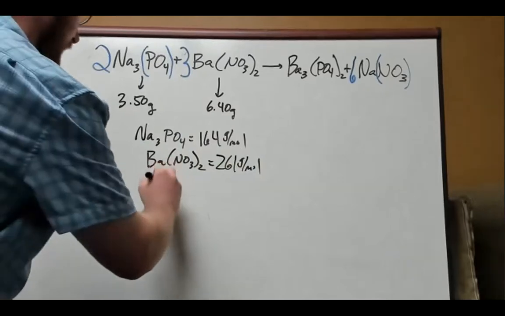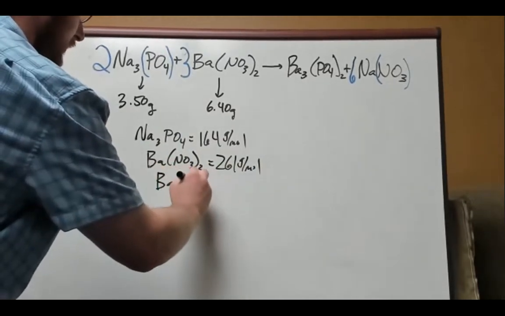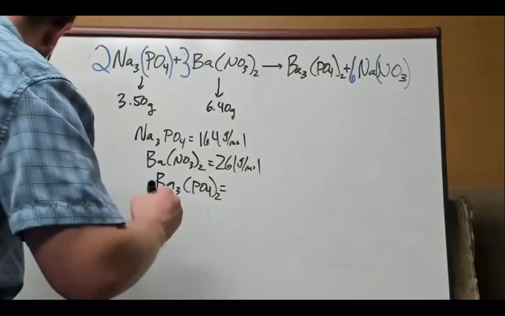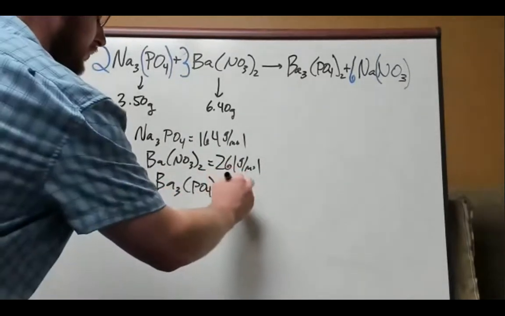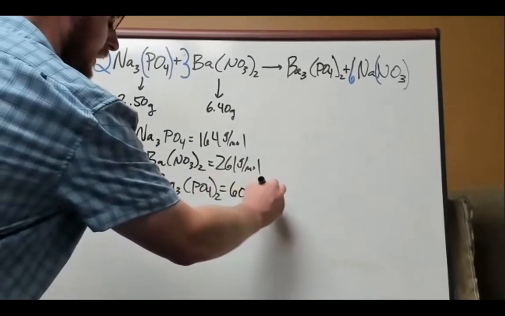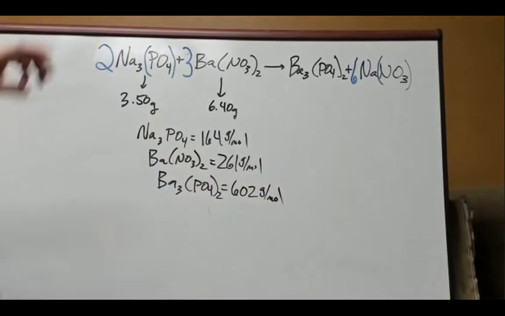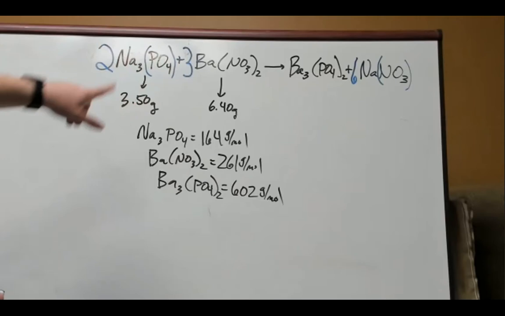And barium phosphate, which is what we're looking for, is going to be 602 grams per mole. We're working with some really heavy molecules here because we're looking at heavy metals like barium, and phosphate is pretty heavy. So we now have our molecular weights.